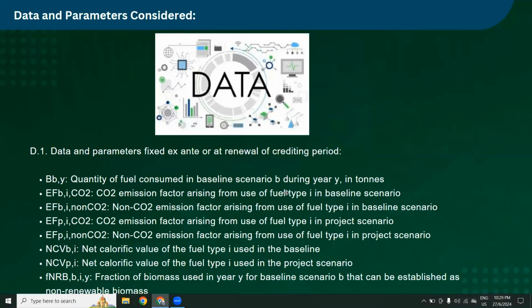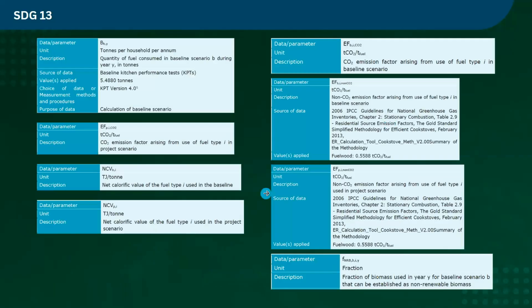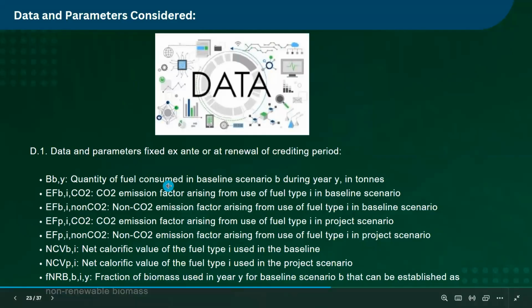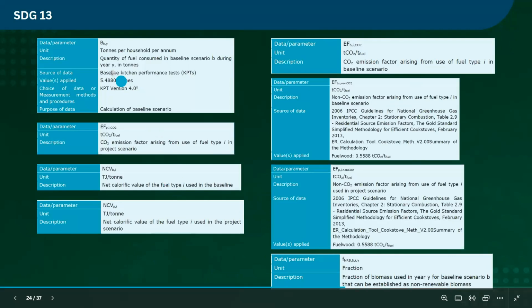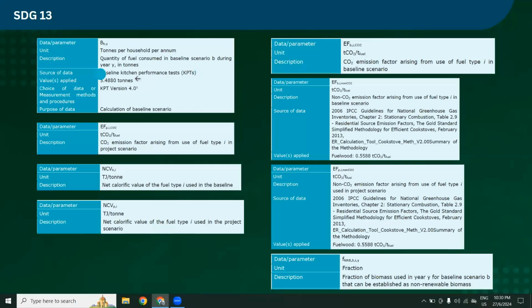Let's look at the next set of parameters. Okay, so now I just want to show you that these are the same parameters, but sometimes for some of the source of data, you need to do some kind of testing from your side. One of the tests is called the baseline kitchen performance test, which I'm going to explain in a bit.